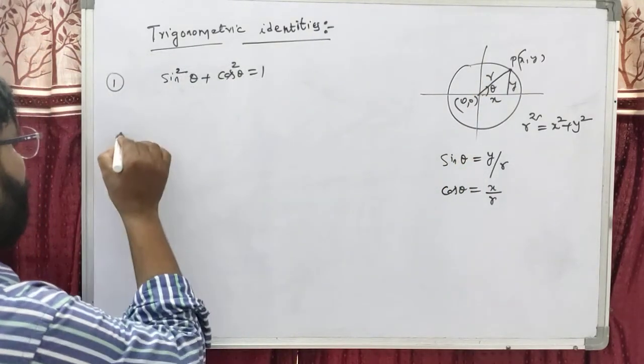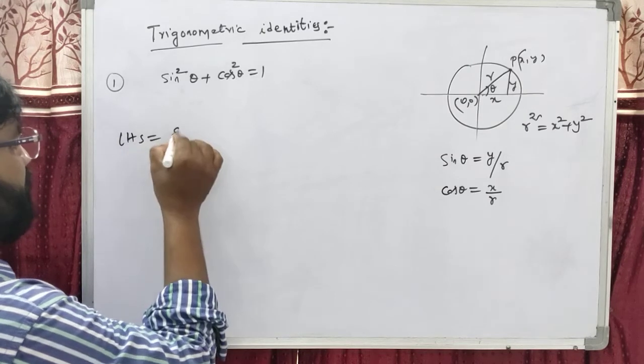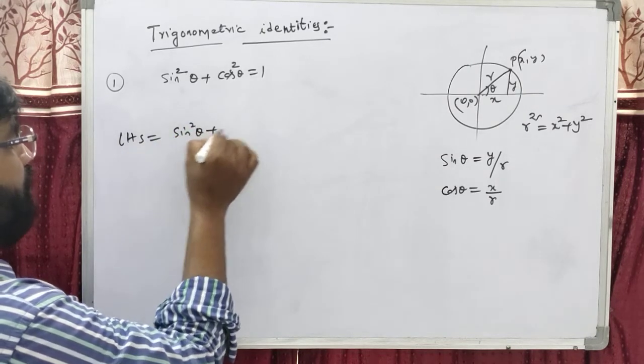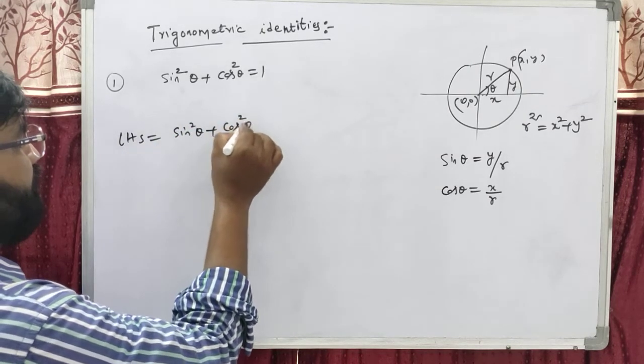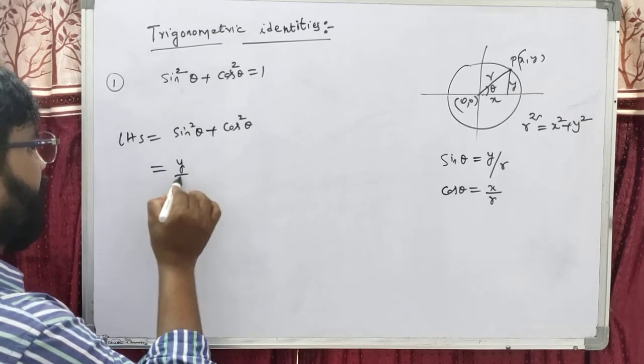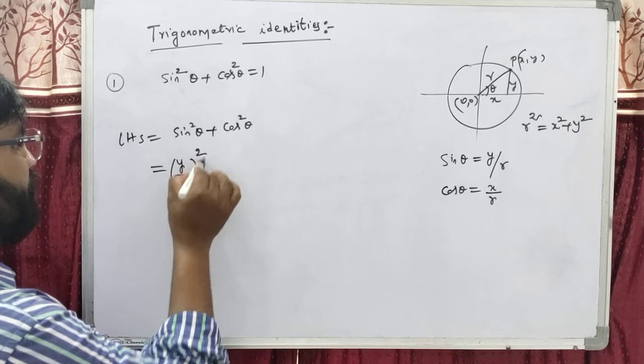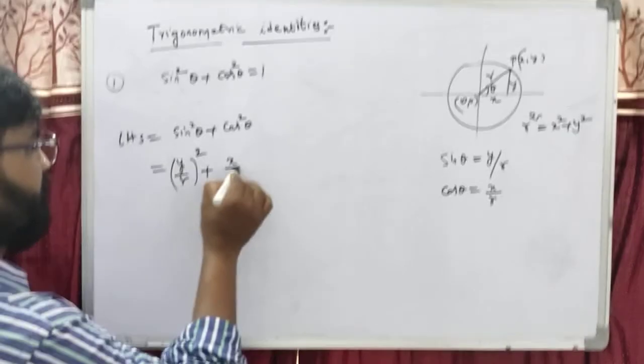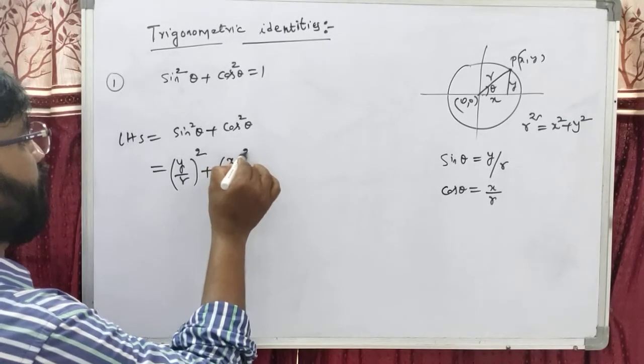Dear students, now we take the LHS: sin square theta plus cos square theta. What is the value of sin theta? y by r whole square. And cos theta is x by r whole square.